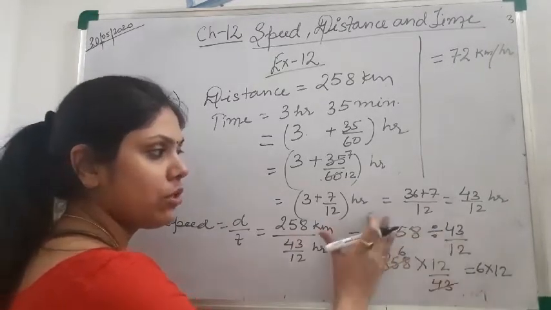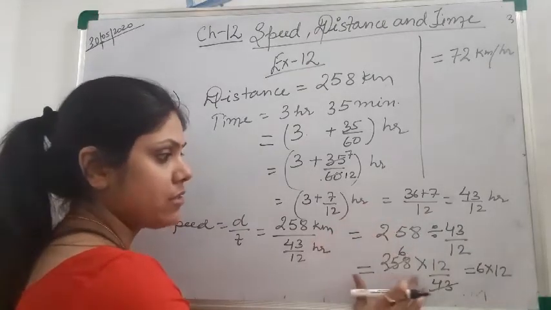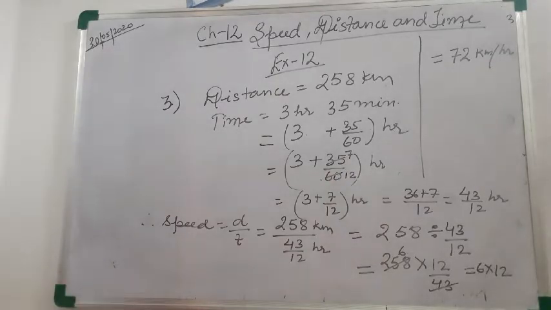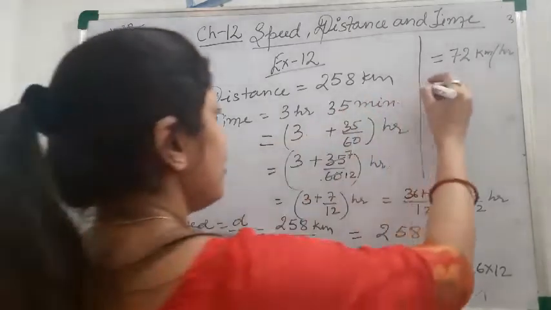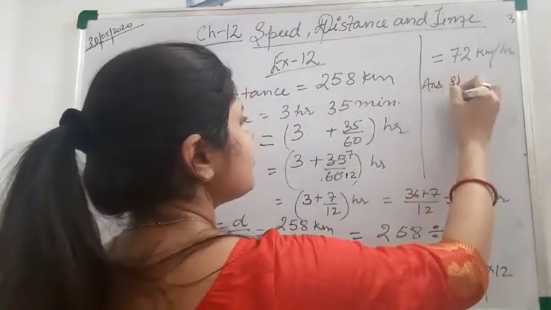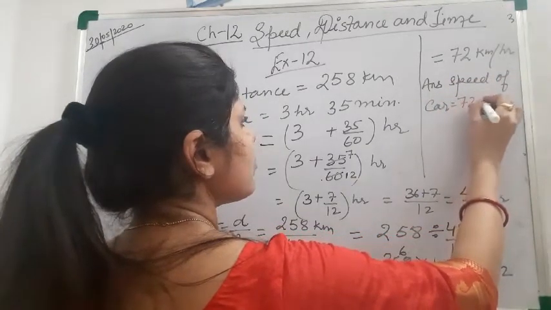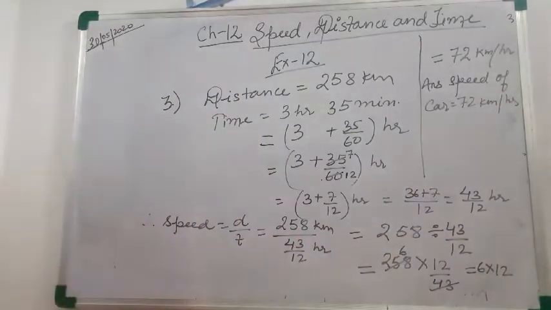Even if you don't do this one step, it is also correct. You will get 72 kilometer per hour as the answer. I think this much is clear to you all. So the speed of the car will be 72 kilometer per hour. This is the third question.